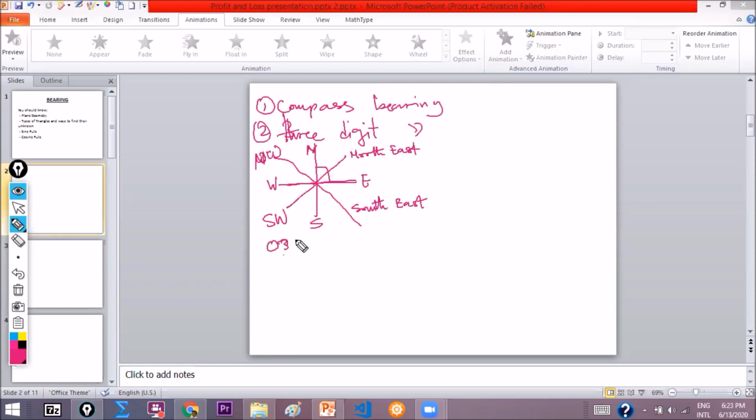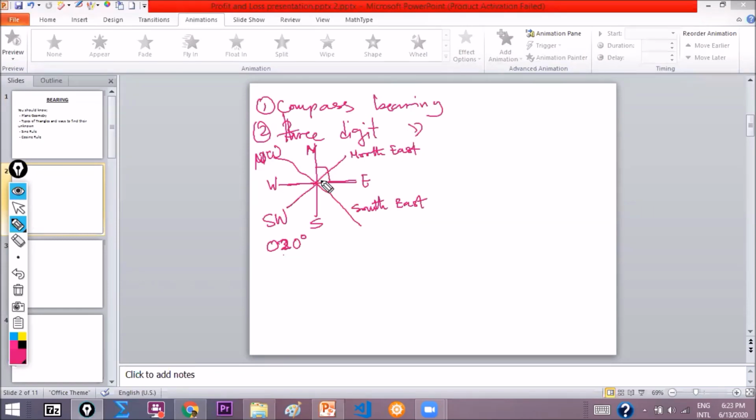Let's say 020 degrees. For 3-digit bearing, the movement is between 0 and 360, and it only starts from the north. This is where bearing is quite important. The problems in math use the 3-digit bearing system.